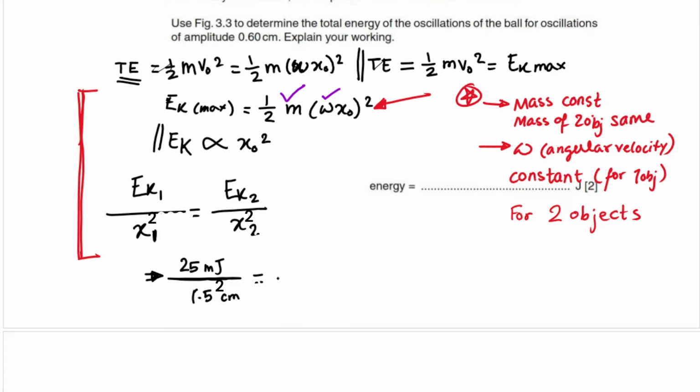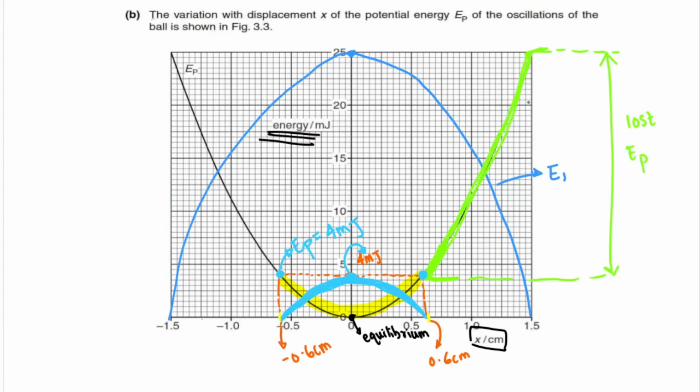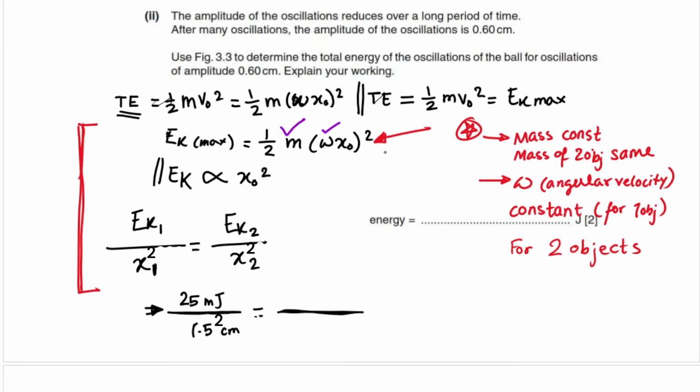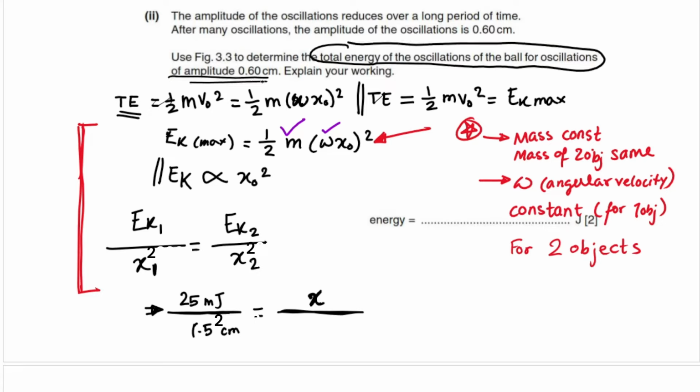And now, after loss of energy, since they are still following the same kind of graph shape, and the mass is the same, and the angular velocity is the same, we can write that now the maximum kinetic energy is x. Let's say, because we want to know what the total energy of the oscillations of the ball for the oscillation at amplitude of 0.6 centimeter is.